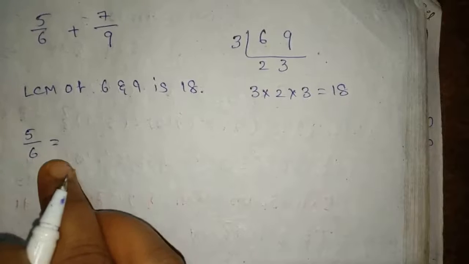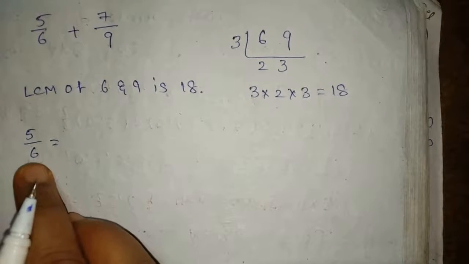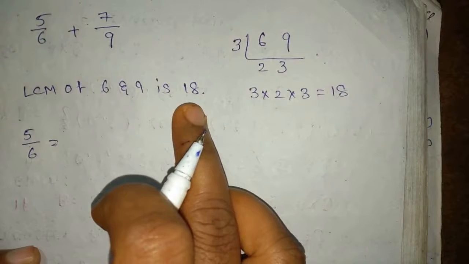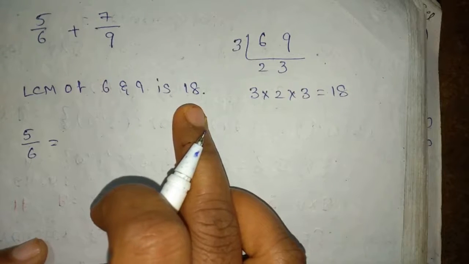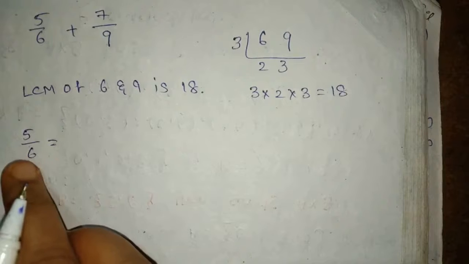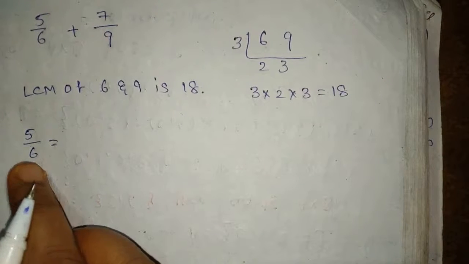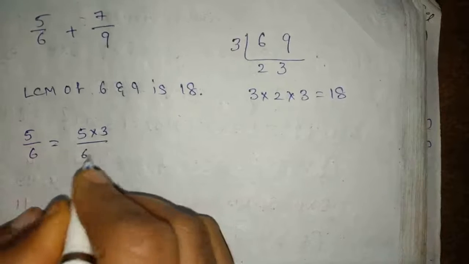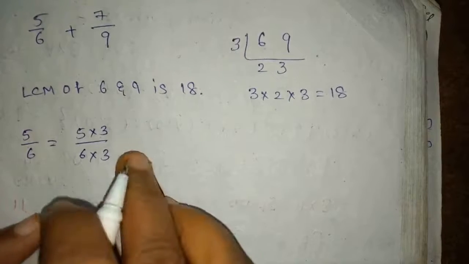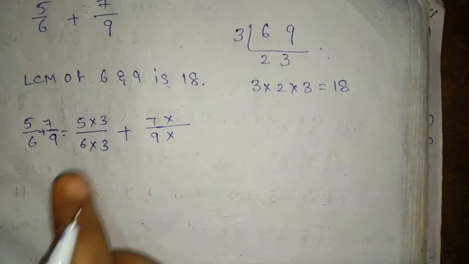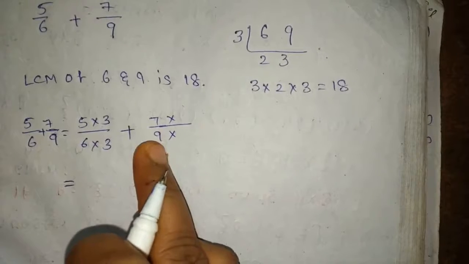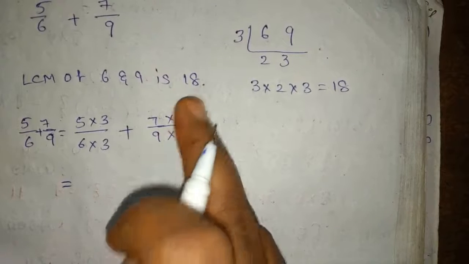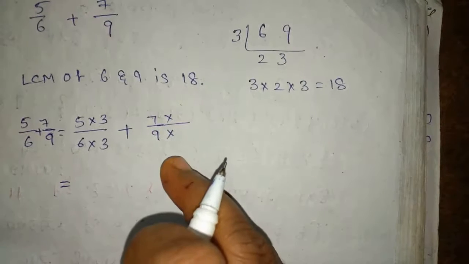So 5 by 6 is equal to, now 6 how many times makes 18? That is 3 times. So we multiply both numerator and denominator by 3, that is 5 into 3 by 6 into 3, plus 7 by 9. Now 9 how many times makes 18? That is 2 times.